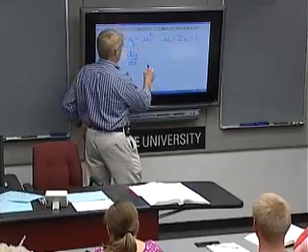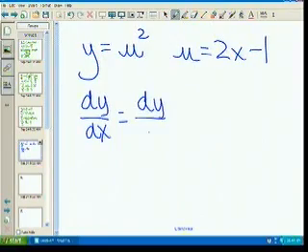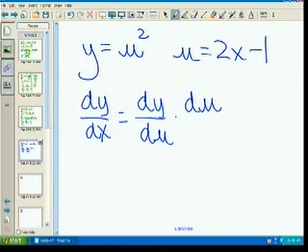We have y in terms of u, so we can find the derivative of y with respect to u, and we can also find the derivative of u with respect to x because we have u in terms of x. Now, it kind of looks like the du's will knock each other out, but they really don't. It's a nice little visual algebraic thing that appears, but this is a single entity and this is a single entity, so we can't really mark out du over du.